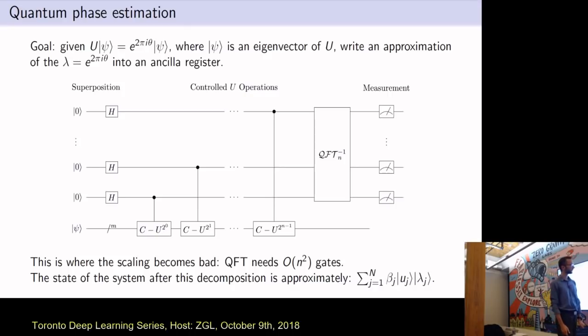We have to get rid of the value of this register, because we didn't talk about something called entanglement, but this full state can be very entangled. And if you start measuring stuff out in just a single register in an entangled state, that can have detrimental effects on other qubits that we are interested in.